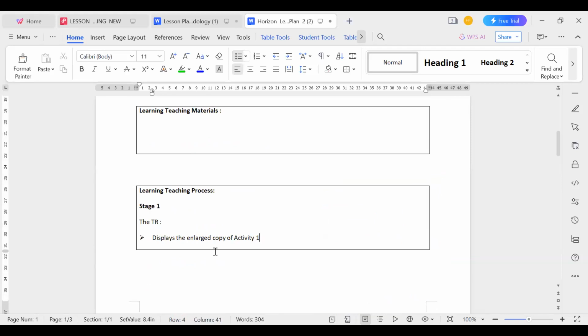You have to give a name, Snow White. Snow White, given in Annex 1.1. Activity 1, Snow White, given in Annex 1.1.